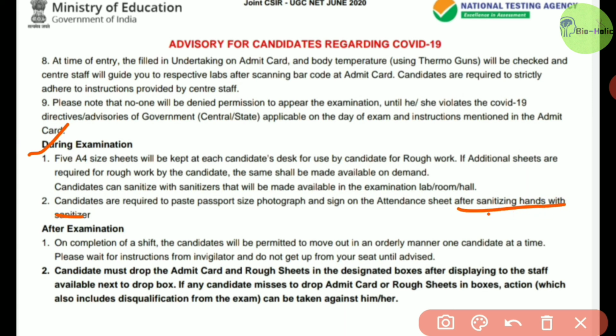After the examination, candidates must drop the admit card and rough sheets in the designated boxes after displaying them to the staff available next to the drop box. If any candidate fails to drop the admit card and rough sheets in the boxes, then he or she can be disqualified from the examination. So be very careful about that.